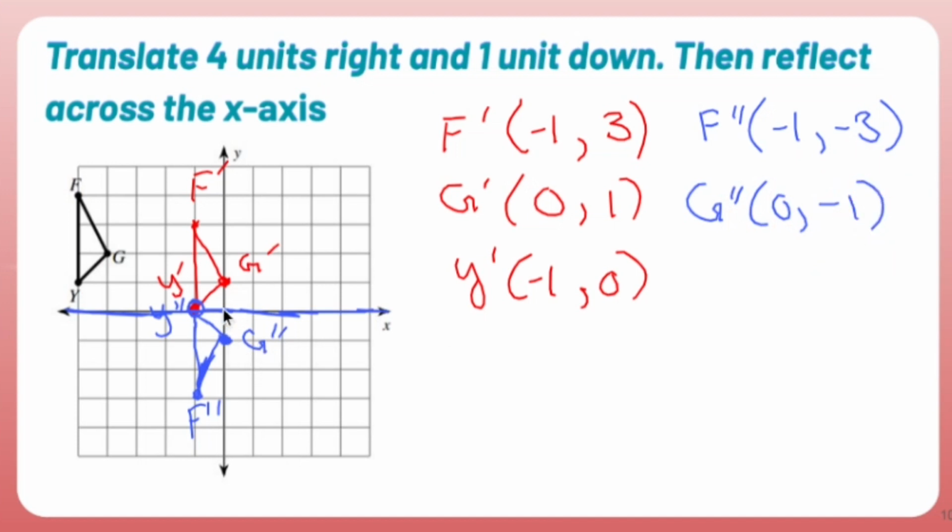Y double prime has me going left 1, don't move. So -1, 0. As you can see, when I reflect over one of the axes, not much changes except for the y value in this case is now negative, or the opposite, I guess I should say. That's just a fun little shortcut if you memorize stuff like that. But this is me doing 2 transformations in one coordinate plane. Awesome.